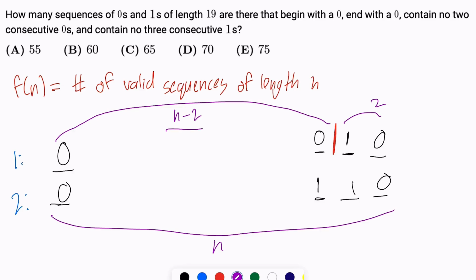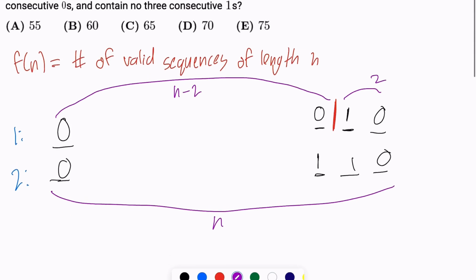So now we're going to do something similar for the second case. Since a valid sequence has to end in a 0, we have to extend this until it reaches a 0. So for this next one, we have to decide the fourth to last digit.